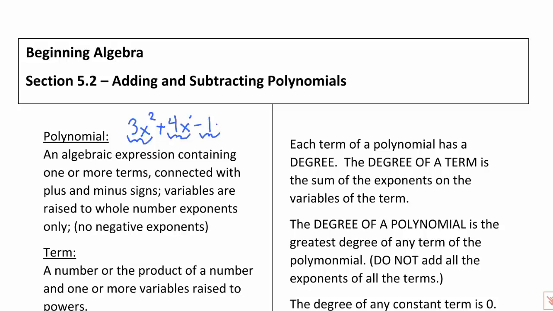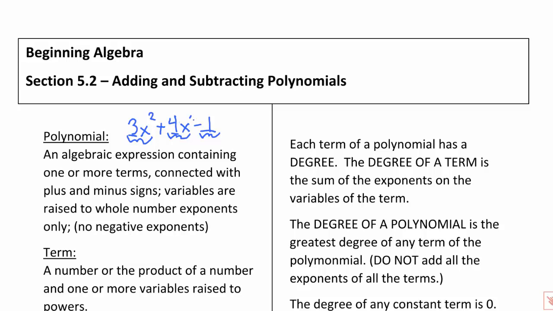And technically, there's an x to the 0 power here, but we don't really like to write that because it's just a constant term. If we did put an x to the 0 in there, that's like writing a 1 in front of x, and we don't like to do that. Now then, the 3, the 4, and this negative 1 are the coefficients in these terms.